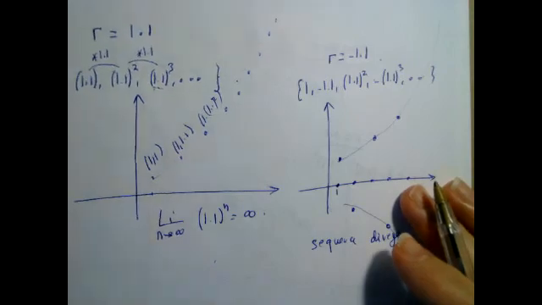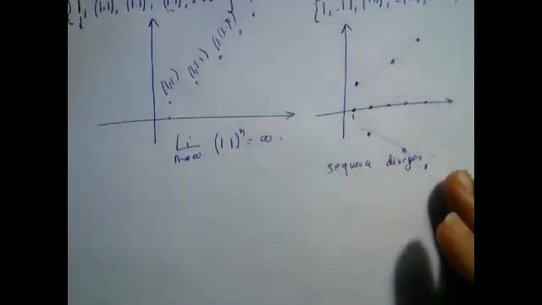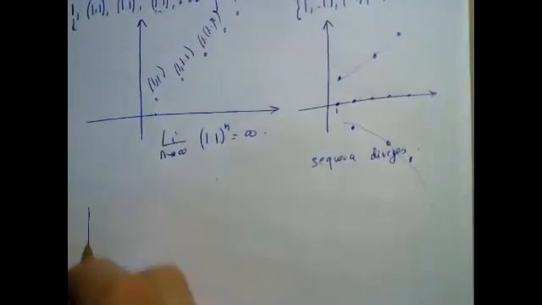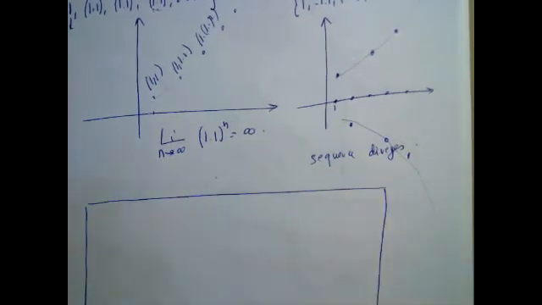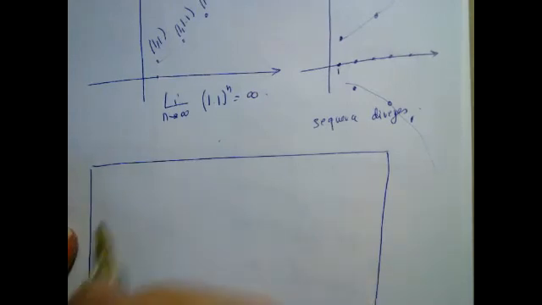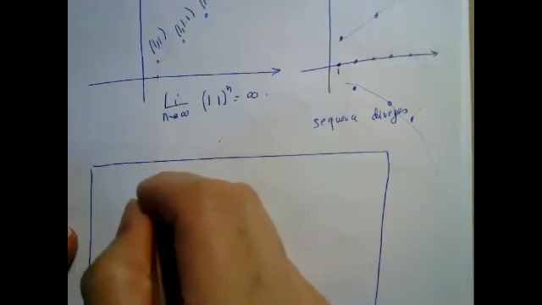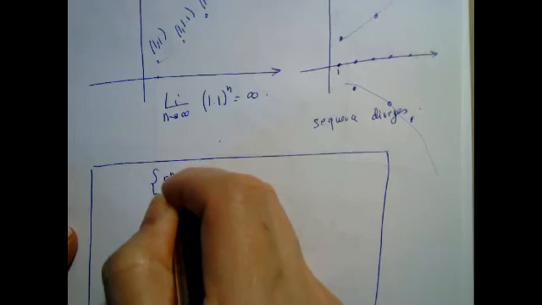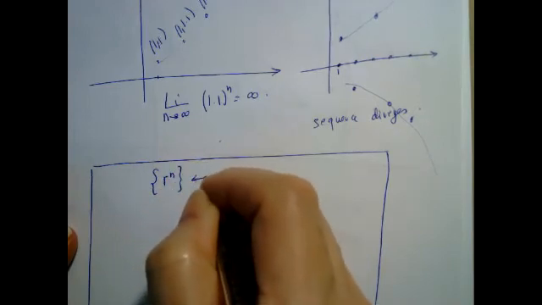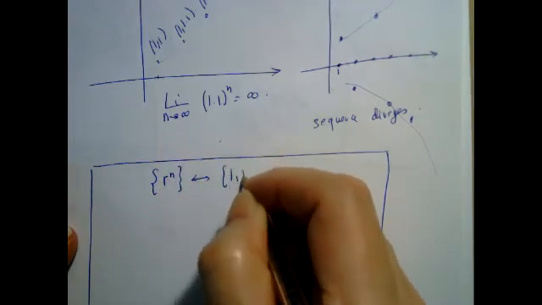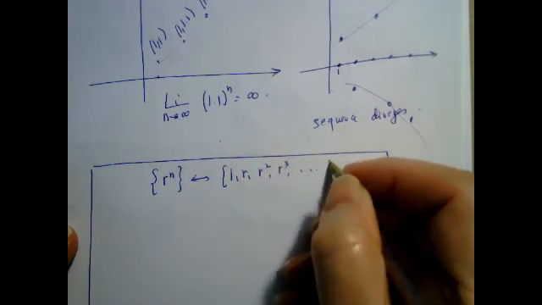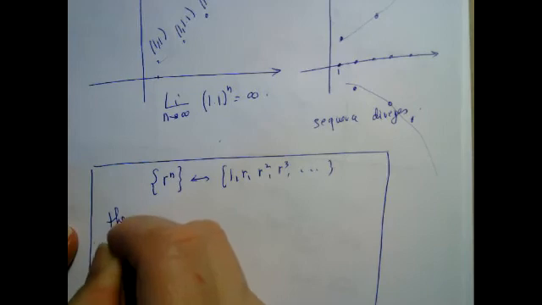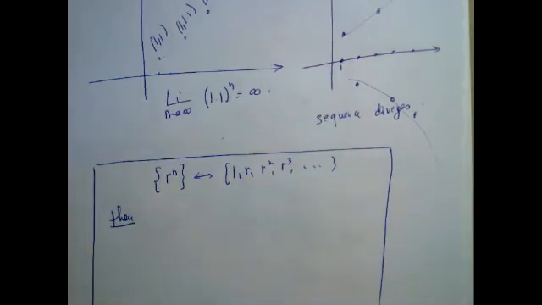So let me summarize the behavior of those particular sequences. If we consider the sequence r to the n, those types of sequences, just a bunch of numbers, what do you think is going to be the rule?